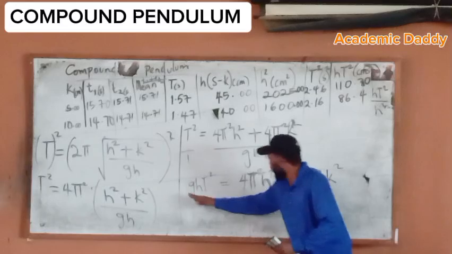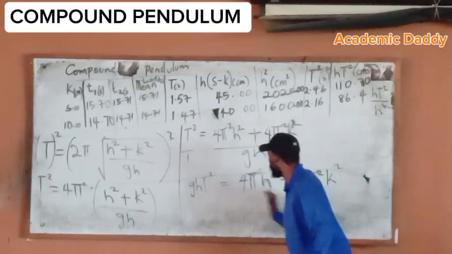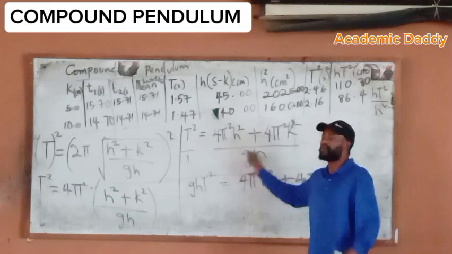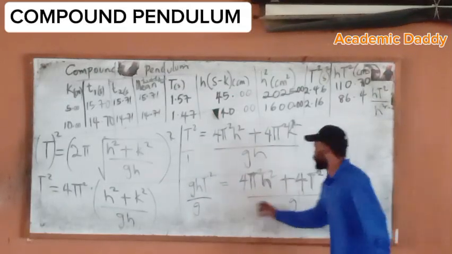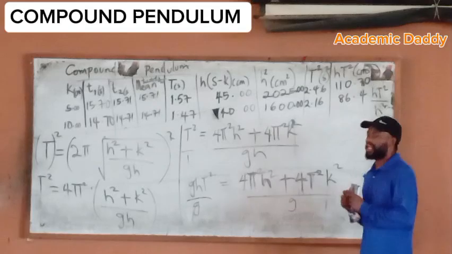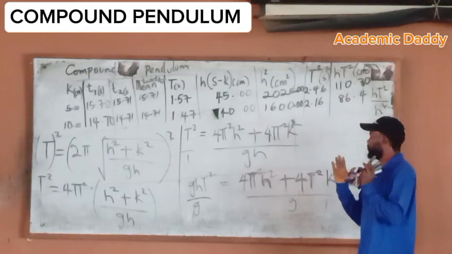So I can say, at this point, you can divide both sides by g. So that g will come back here. I don't want confusion, that's why I carry it all over g. You see that I'm considering getting h T squared on one side. Is it not true?